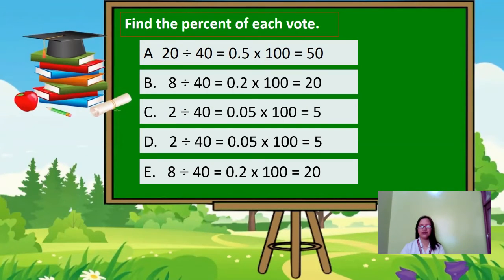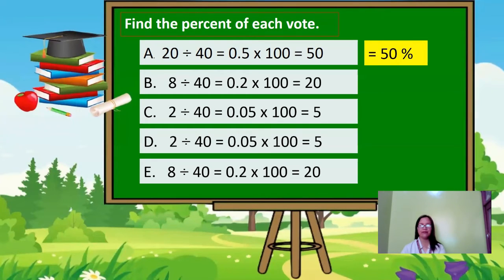We have the rate equals percentage divided by base. So for letter A, 20, the number of votes, divided by 40, the total customers, equals 0.5 or 5/10 times 100 equals 50. Then affix the percent sign. So it will become 50%.